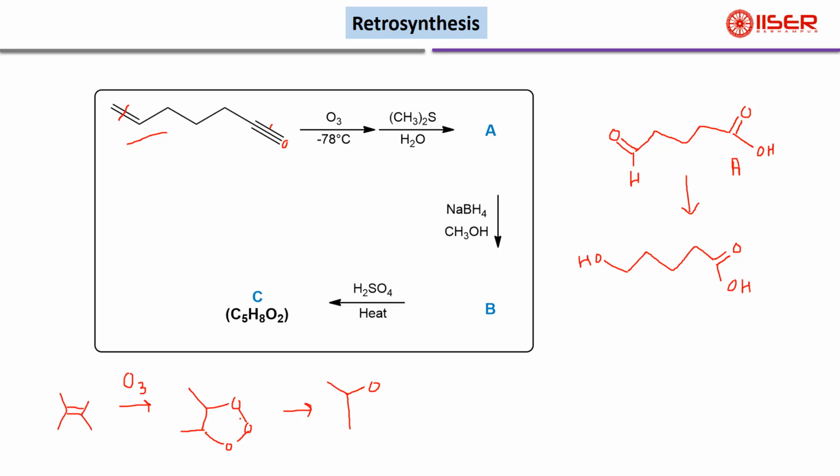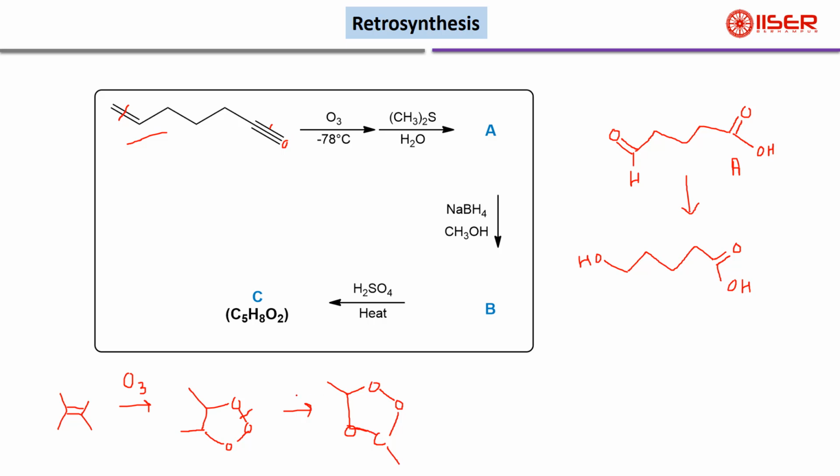First this bond will break, and it will form a peroxide and there is oxygen. Then there will be a recombination by which it will form this type of species.